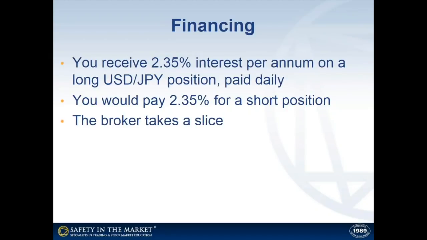Now, in practice, you don't quite get the 2.35%. The broker takes a little slice. And you've also got the overnight money market rates that move daily. So when they say interest rates are 0.25%, it's not like going to the bank and there's a board that says the interest rate is exactly 0.25% or 0.5%.